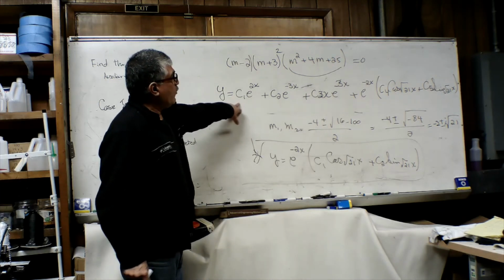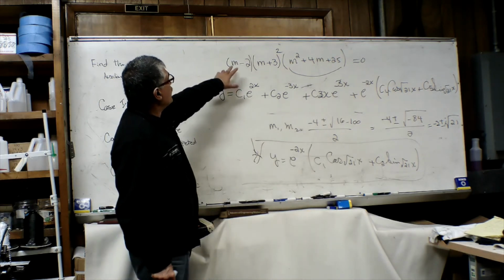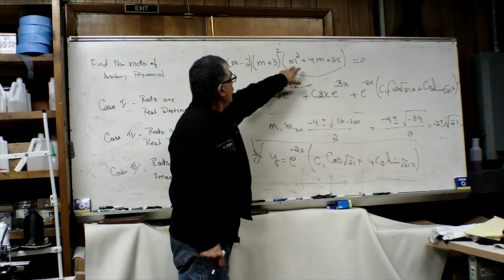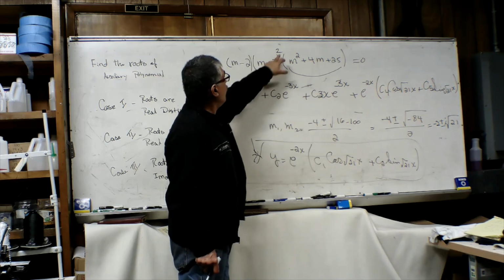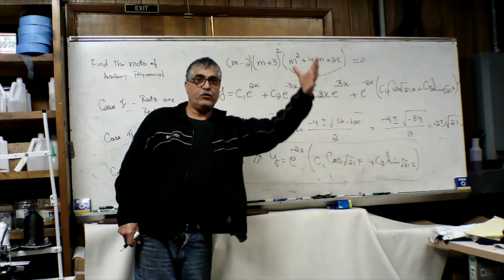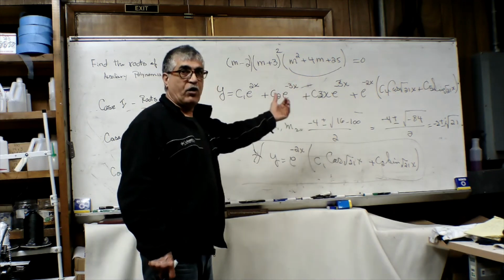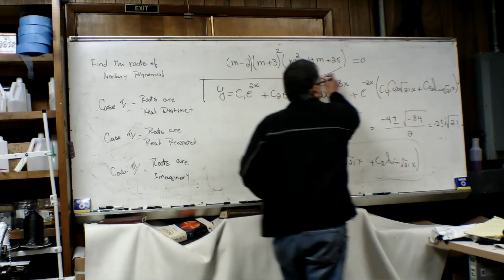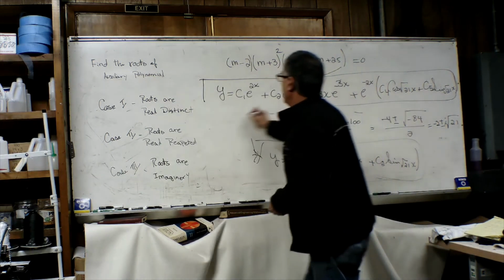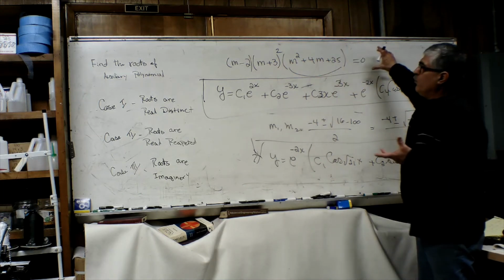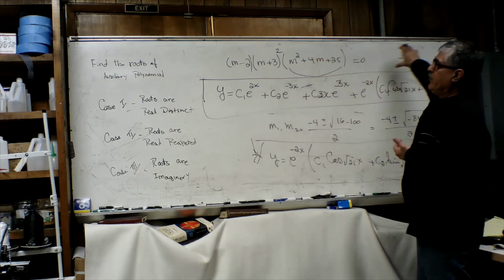See, we have 5 constants because our order is 5. We have 2 and 2, 4, and 5. So our order is 5th order, so we are going to have 5 constants. So this will be the general solution for the differential equation with this auxiliary polynomial.